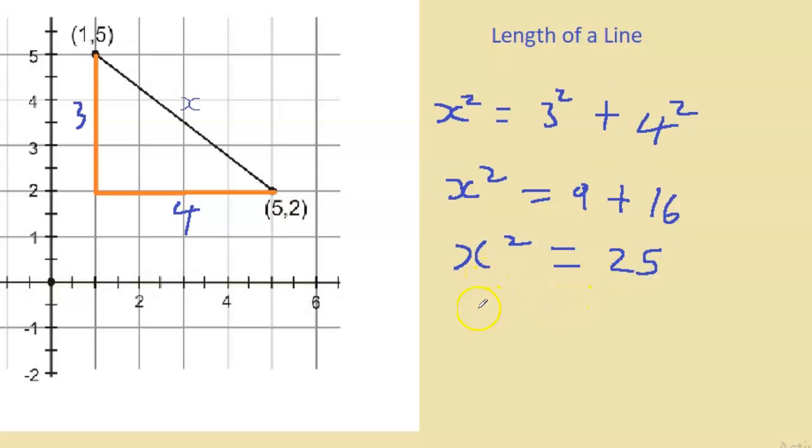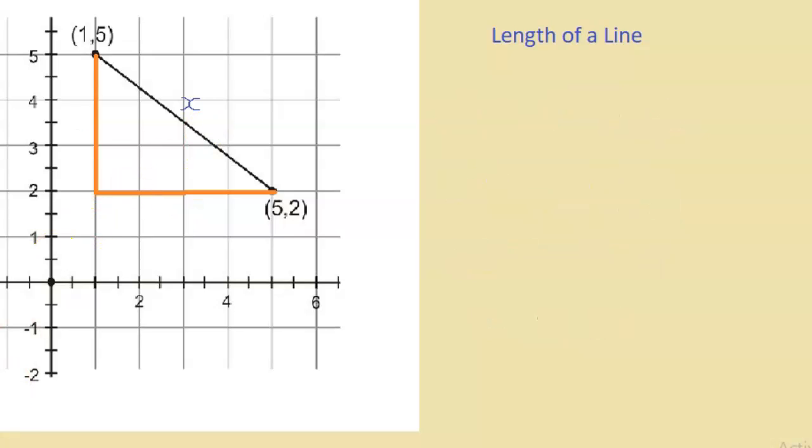So x is the square root of 25, which is 5. So the length of the hypotenuse would be 5 units. So we know the length of this line is 5, based on Pythagoras theorem.